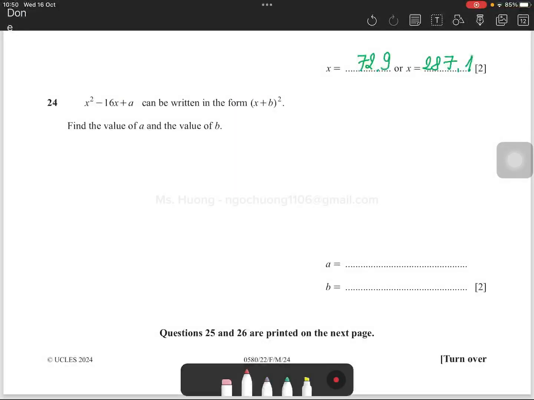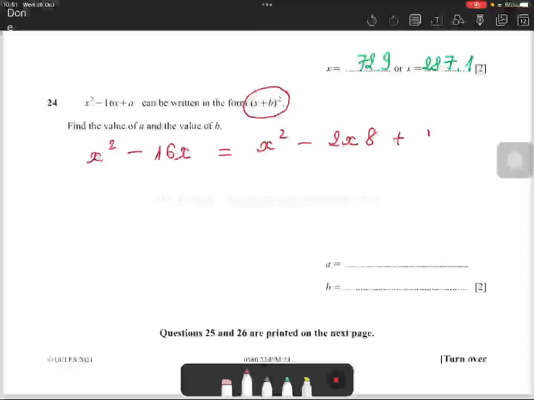Question 24. X squared minus 16x plus a. X squared minus 16x can be written in the form x plus b all squared, which means we want to complete the square. So this means x squared minus 2 multiplied by x multiplied by 8. Then we need to add 8 squared. And this will be x minus 8 all squared.